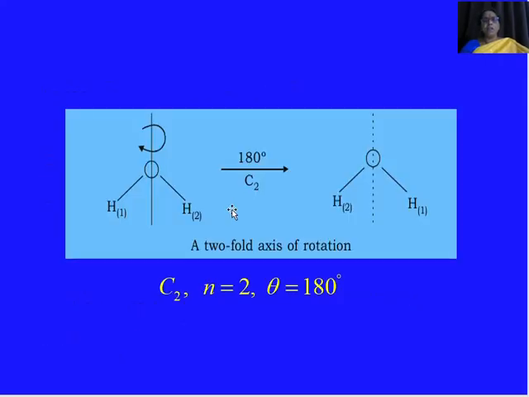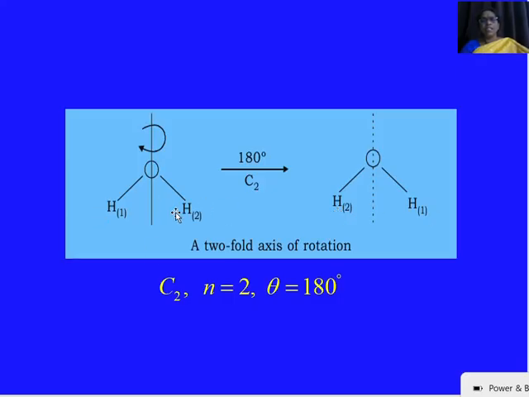Say, for example, if we take the water molecule, H2O, 1 oxygen and 2 hydrogen atoms are there. The hydrogen on the left hand side is H1, and on the right hand side is H2. When we rotate through 180 degrees, we get an equivalent configuration in which the H2 atom is on the left hand side and H1 has come to the right hand side.